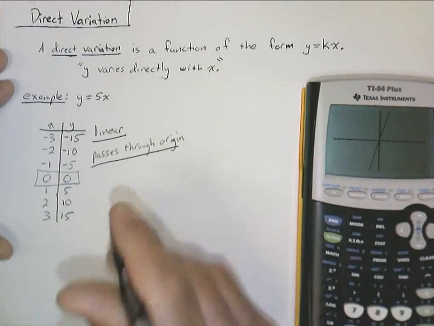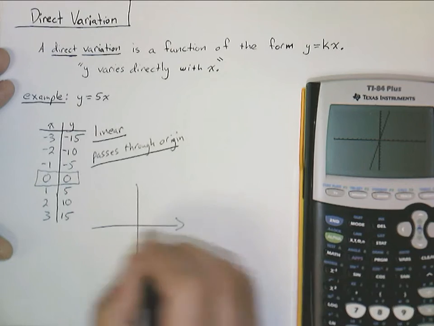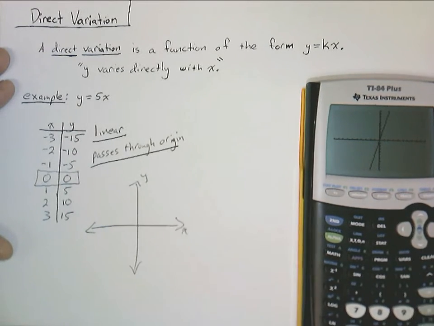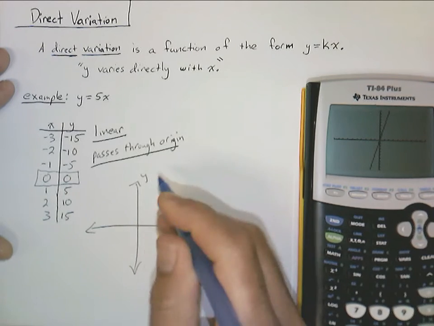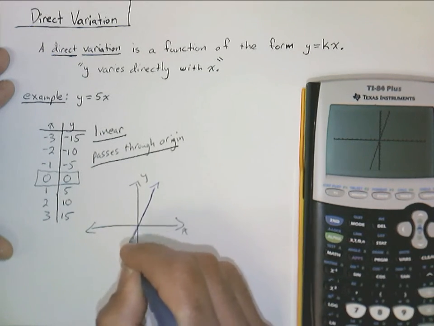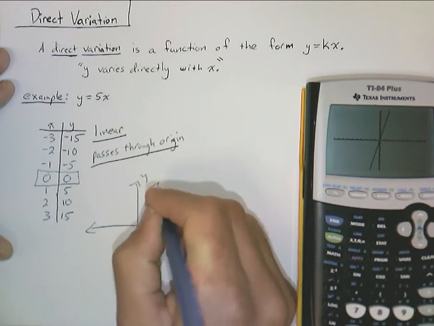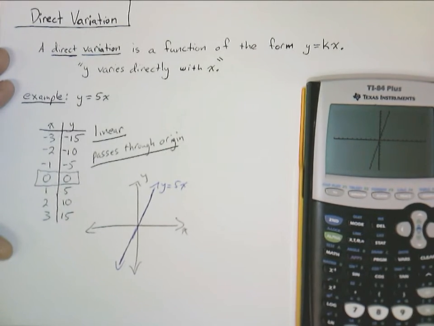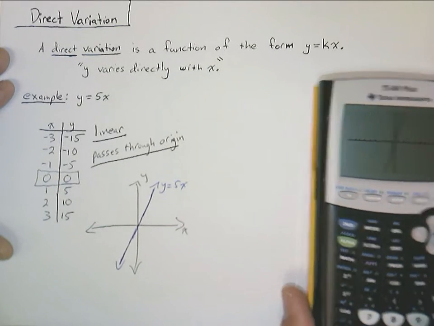So we're going to make a quick sketch, really simple, x and y axis. y is equal to 5x is just this straight line that's pretty darn steep. Okay, so that's basically what a direct variation is.